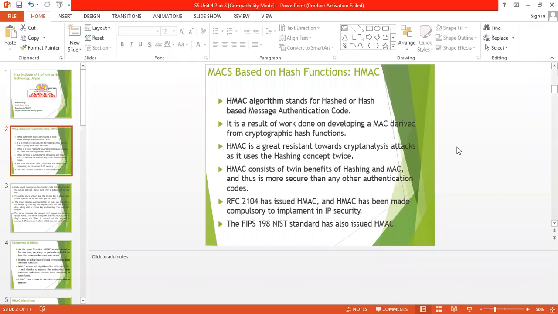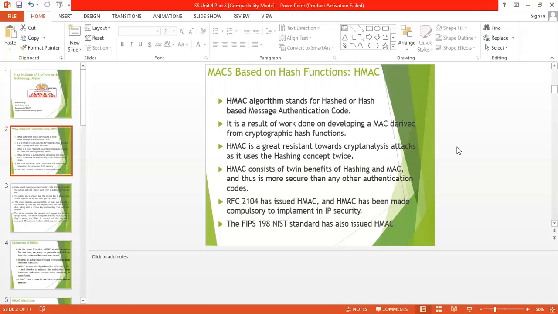In the cryptographic approach, the HMAC is called the hash function based on the MAC. It is a specific type of message authentication code involving a cryptographic hash function and a secret cryptographic key.